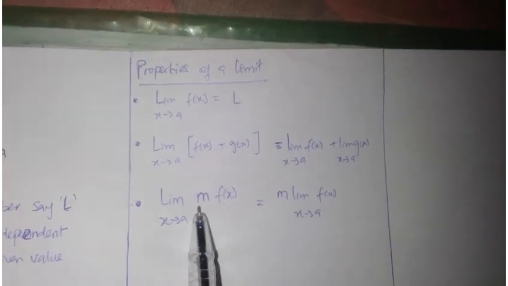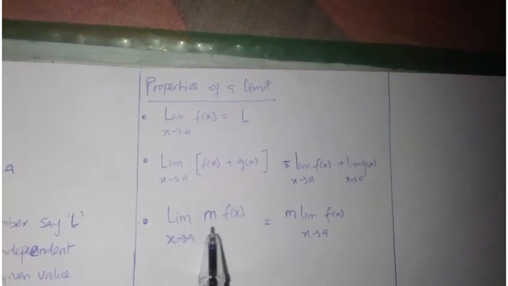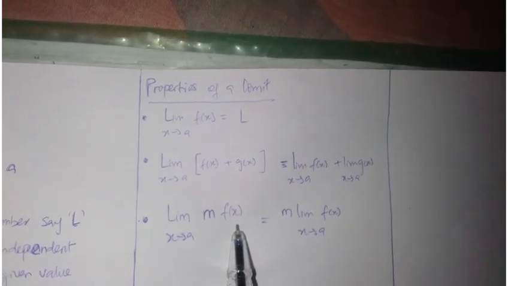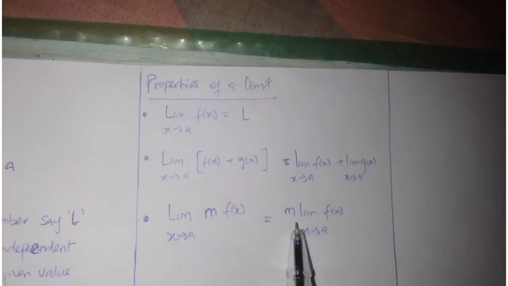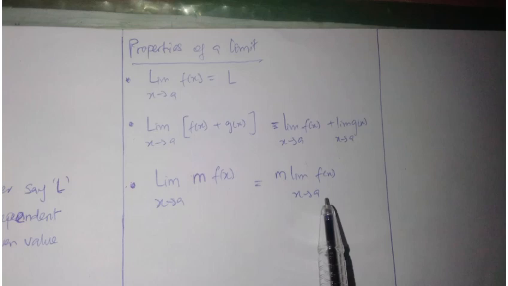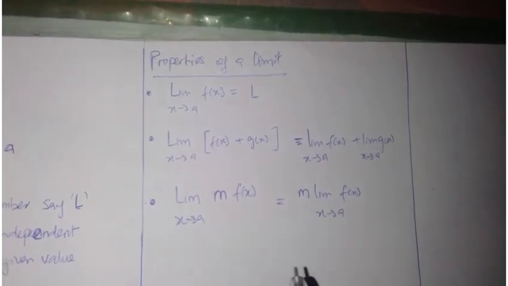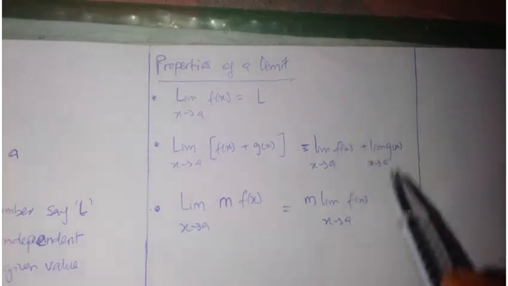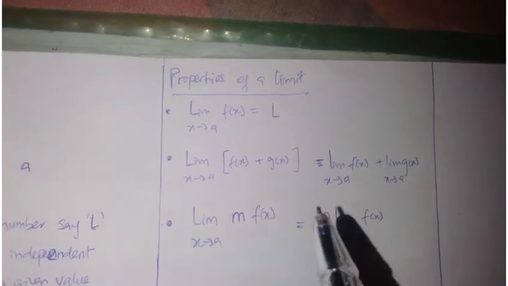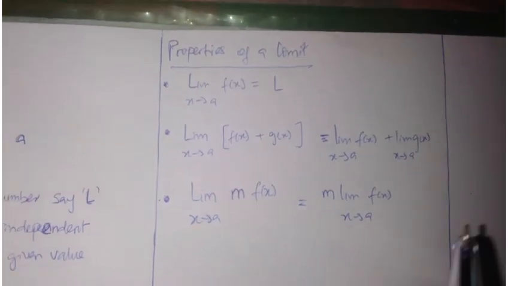So whenever you have a constant, say 2, 3, minus 4, minus 1 over 7, and so on, multiplying a function of x, it is expressed also as m times the limit of the function as x tends to that point. When we are done with this video, we'll be looking at questions under limit using all these properties of limit so you can understand them very well.